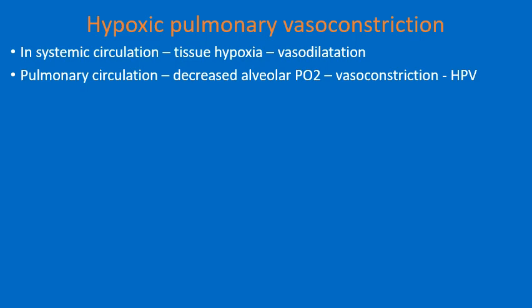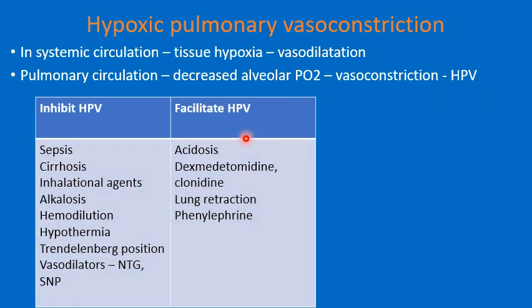Now we shall see what are the factors which affect hypoxic pulmonary vasoconstriction. The factors which inhibit HPV are those causing vasodilatation, as in sepsis, cirrhosis of liver, and inhalation agents. Among the inhalation agents, halothane has the maximum inhibitory effect on HPV.